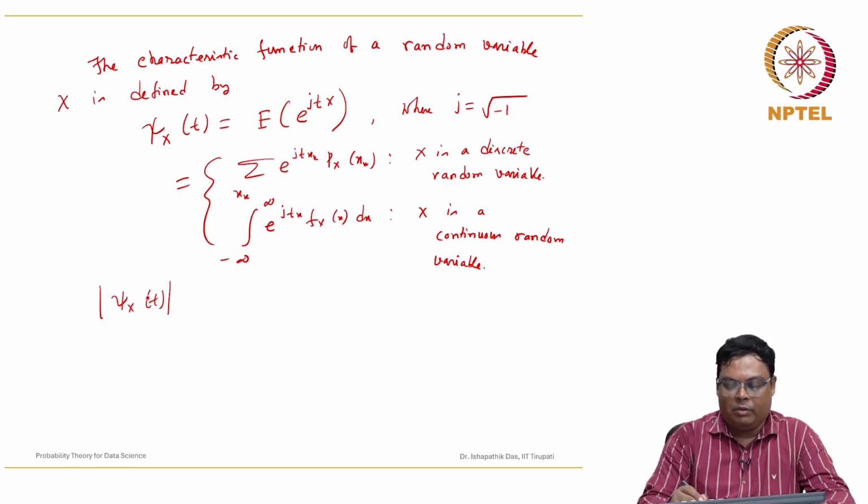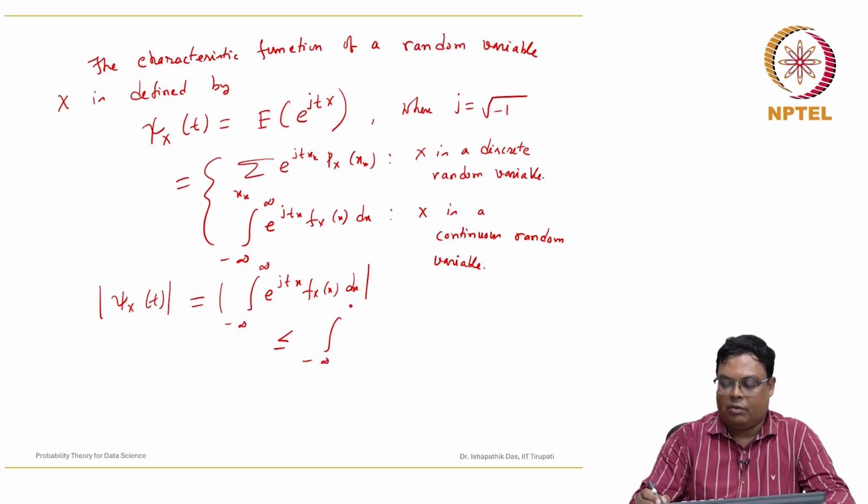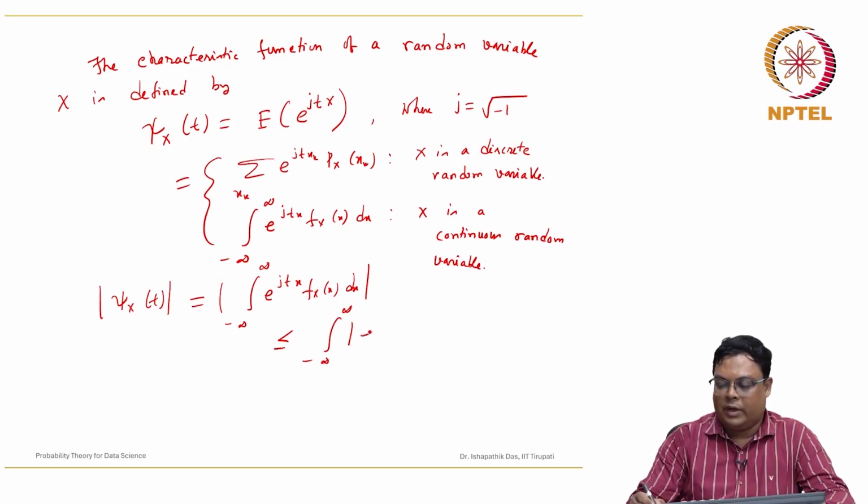The mod of psi X(t) is the absolute value of the integral of e to the power of jtx fX(x) dx, which is less than or equal to the integral of the absolute value inside. Since fX(x) is always greater than or equal to 0, its absolute value stays the same.